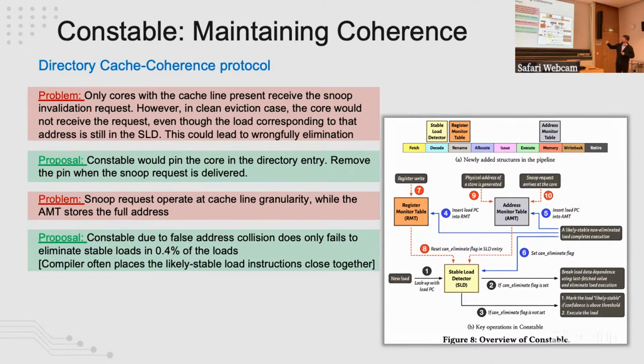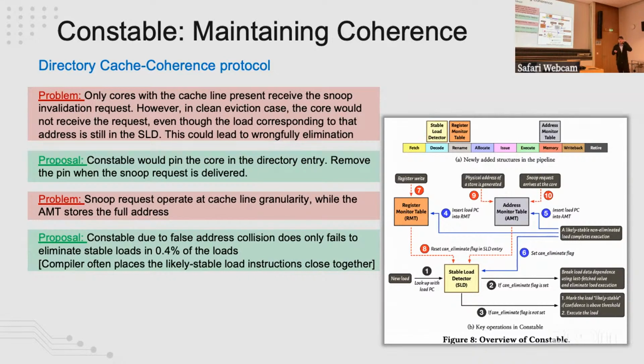Most modern CPU implementations have a directory cache coherence protocol, and the way this protocol works, only the cores where the cache line is present will receive a snoop invalidation request, and there the address monitor table would decide to reset the eliminate flag.